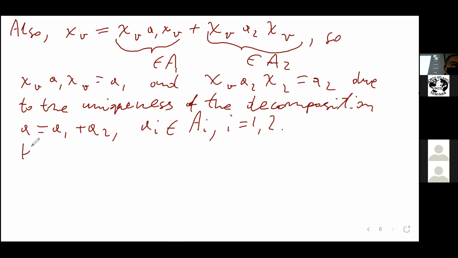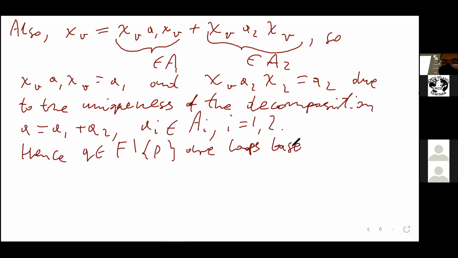So hence, if I take Q in this F less P, they are loops based at V. Right, because otherwise chi v hitting left or right will annihilate.